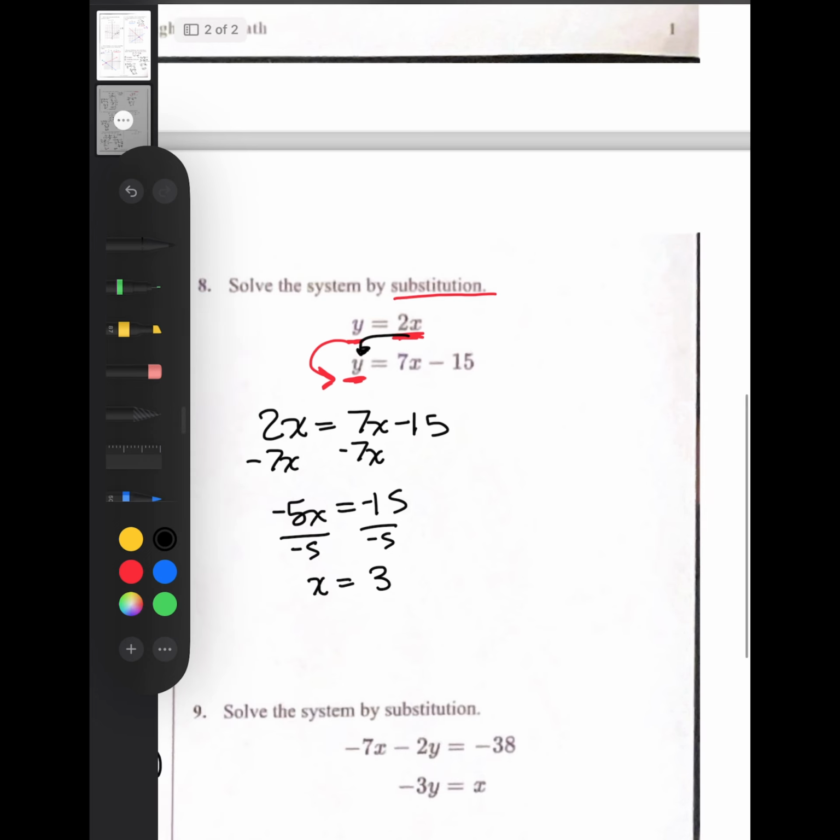Now, we're not done yet because we need to find our y. This makes it easy because we can plug this x right into that x. So y equals 2 times 3, y equals 6. So that gives us an ordered pair of 3, 6.